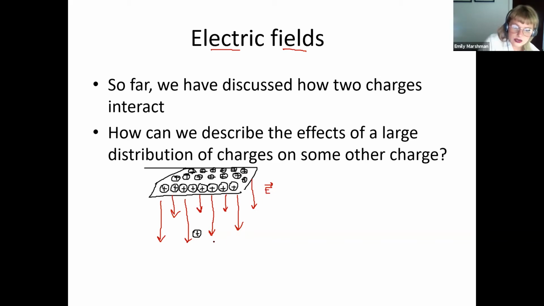And if I know the electric field at this point in space, the force that this other charge feels is equal to the charge itself, Q, multiplied by the electric field at that point in space. So instead of doing Coulomb's law between these two, which is too much work, if I can figure out the electric field at this point in space, I can find the force by multiplying charge times the electric field.